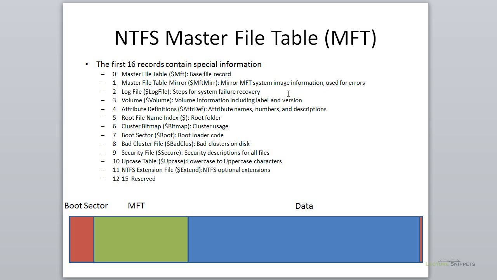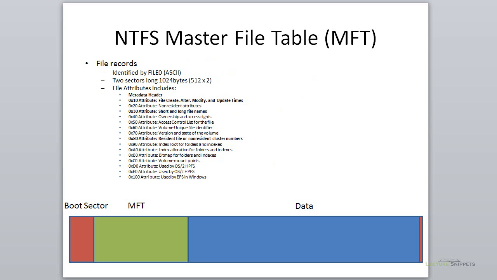We can see other information in here about recovery from system failures, volume information, different attributes, where the root folder is located, and which clusters have been used on the partition. We can see where the bad clusters are in the partition, and information about lowercase and uppercase characters. A lot of different things are stored here in the very first 16 records of our master file table.